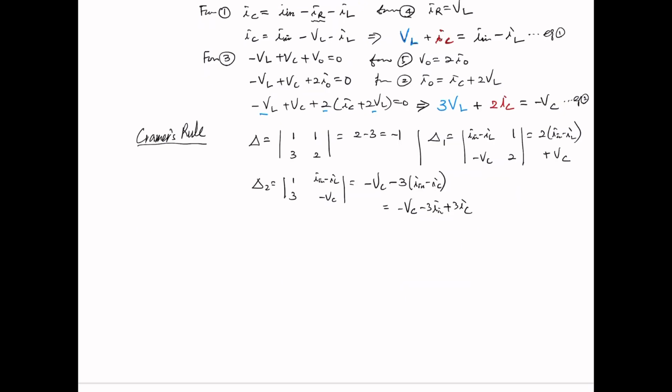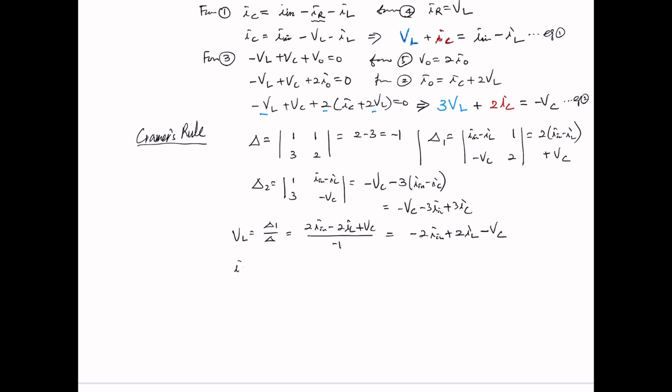So the first variable is VL. VL equals delta 1 over delta. We have 2I in minus 2IL plus VC over delta, which is negative 1. So we have negative 2I in plus 2IL minus VC.